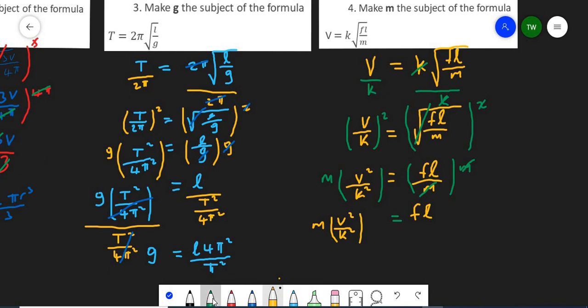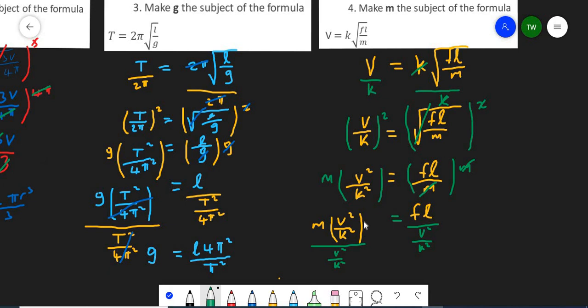So we're going to divide both sides here by V squared over K squared. But whatever you do to one side, you must do to both sides. So we're going to divide this side as well by V squared over K squared.